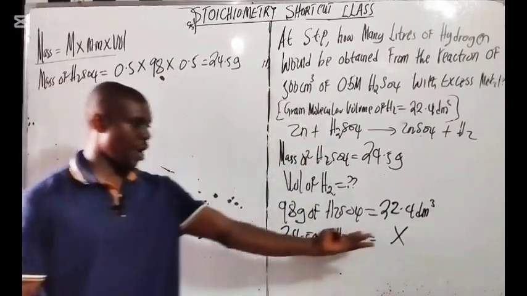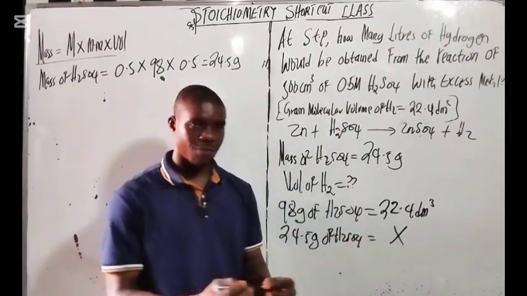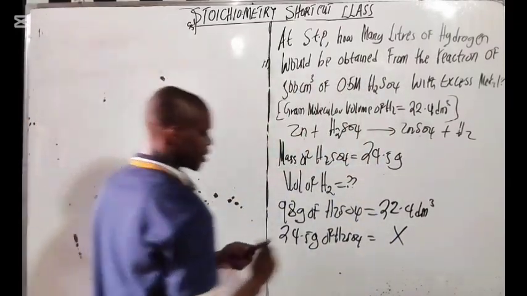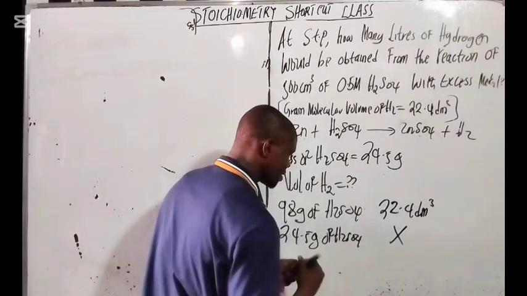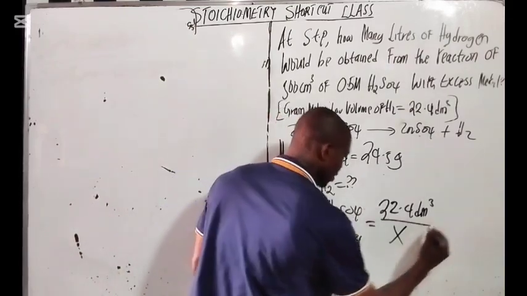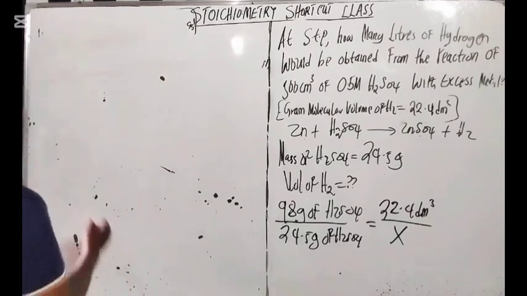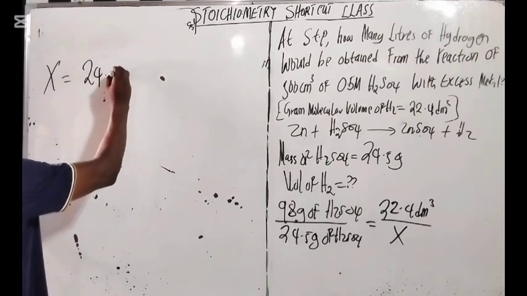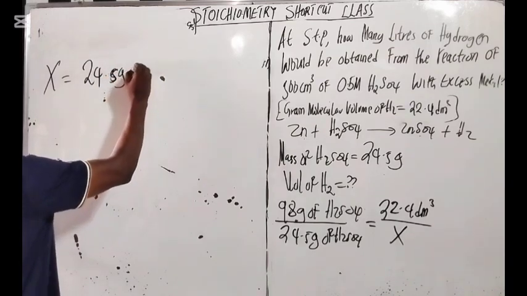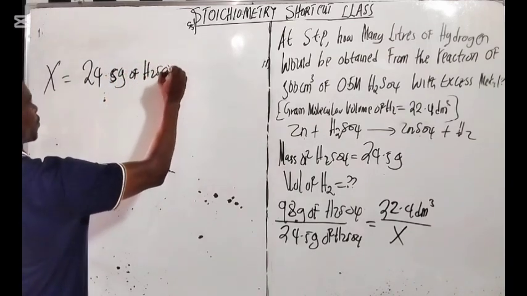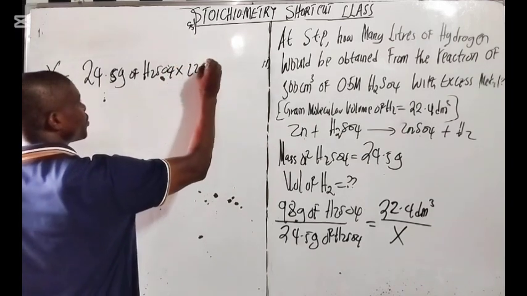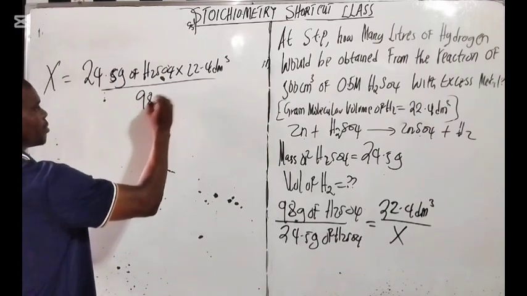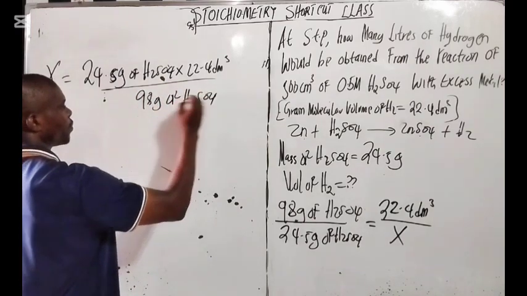Do you understand? Once you get this here, you just have to make X the subject of the formula, based on what you have done here. So my X is going to be 24.5 gram of H2SO4 times 22.4 dm cube over 98 gram of H2SO4.